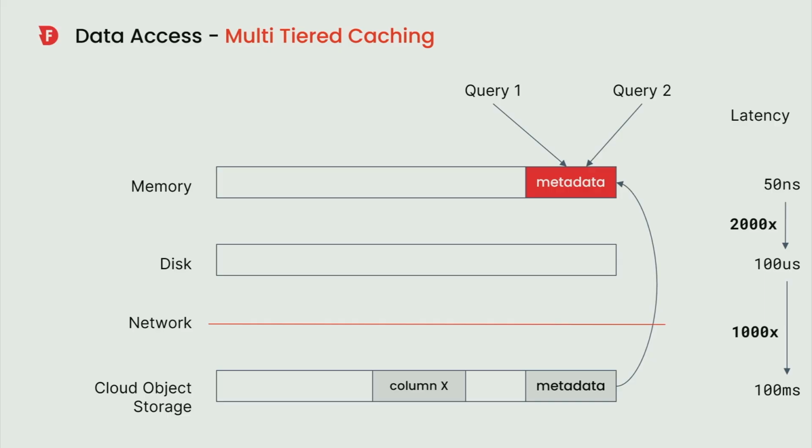So we'll pay the 100 milliseconds to go to cloud object storage once, load it into main memory, look at the offsets, and then we'll write it back to disk. And writing it back to disk is a super important part of this process. Basically, we're adding this ephemeral caching layer on your local SSDs and in main memory so that future queries don't have to pay the access latency to go to cloud object storage.